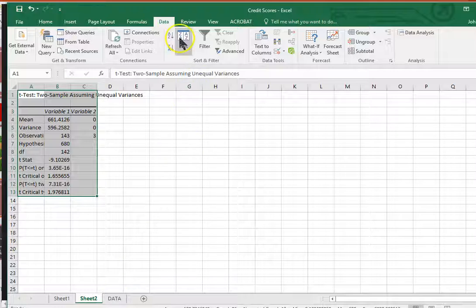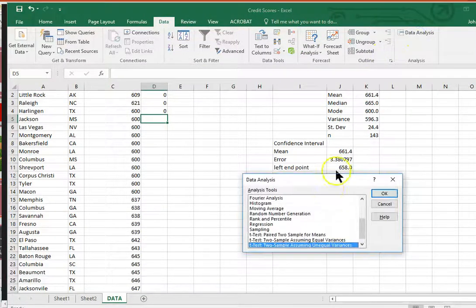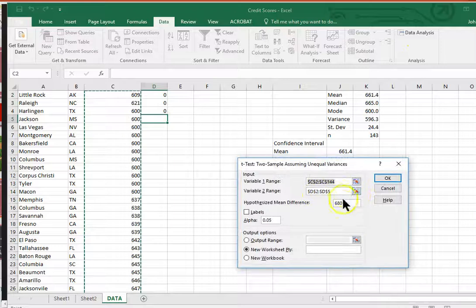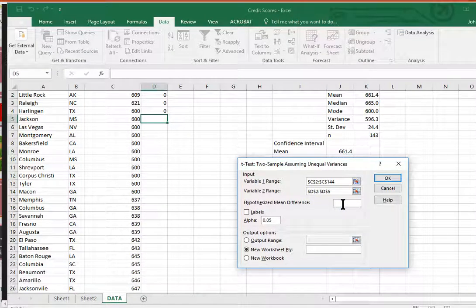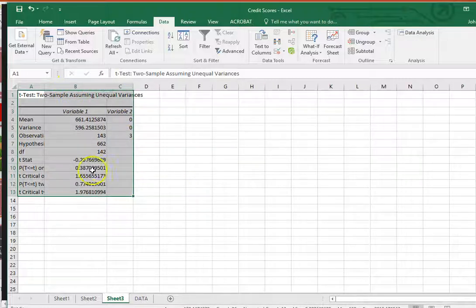All right, let's try it one more time. We're going to call it 662. We'll just make it ridiculously close this time. When I do 662, I have a one-tail test.